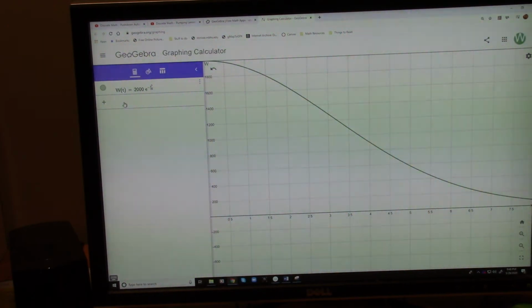Okay, great. The one other thing I did kind of off screen is I took the integral from 0 to 8.